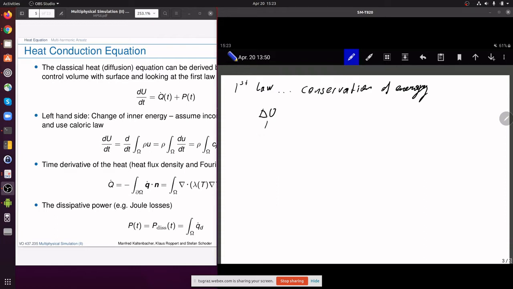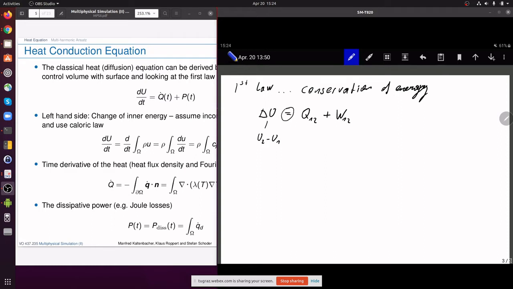So this can be written as U2 minus U1, and this is equal to a heat that we're inserting or that's flowing in or out of our control volume, plus a certain work, maybe some volume deformation work, like the integral of P dV. And this equal sign is the crucial point.